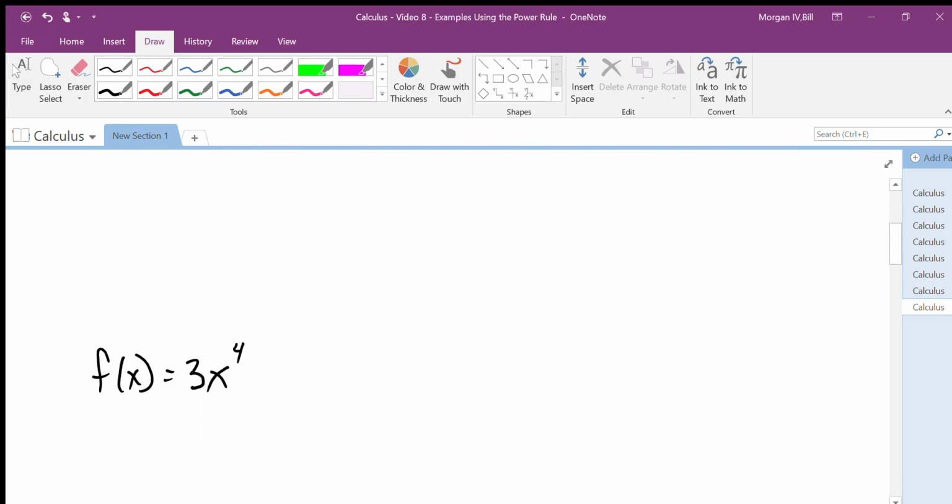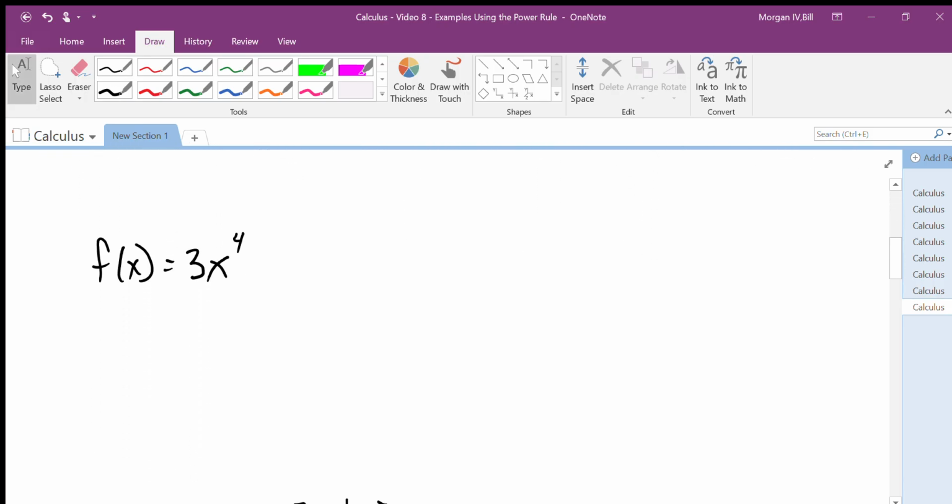Example 2. F of x is equal to 3x to the fourth. This time we have a coefficient out in front of the x to the fourth power. The n value is 4. What we want to do here when we find the derivative, f prime of x, is we're just going to leave that 3 multiplied by whatever we get when we use the power rule.